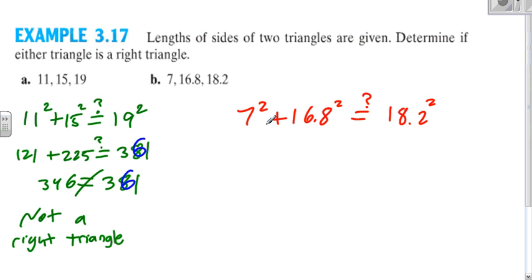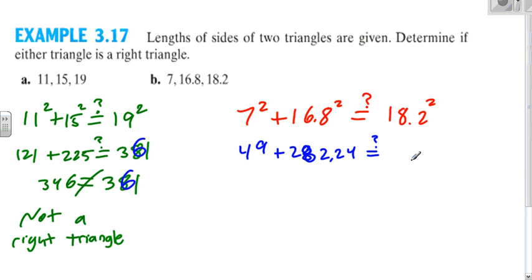So back to this example, 7 squared is 49. 16.8 squared is 282.24.